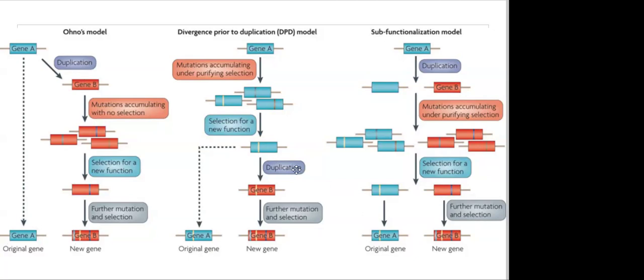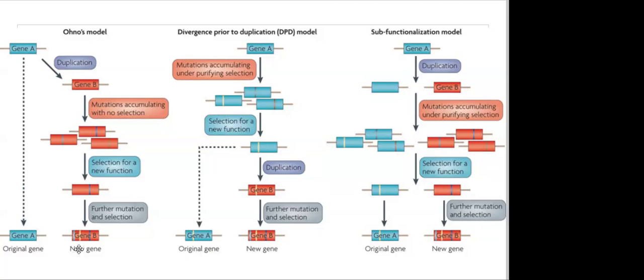The duplication events can happen at different times, but you have that duplication event and one or both of the genes slightly modify to give you changes, which are represented by these little colored lines here.